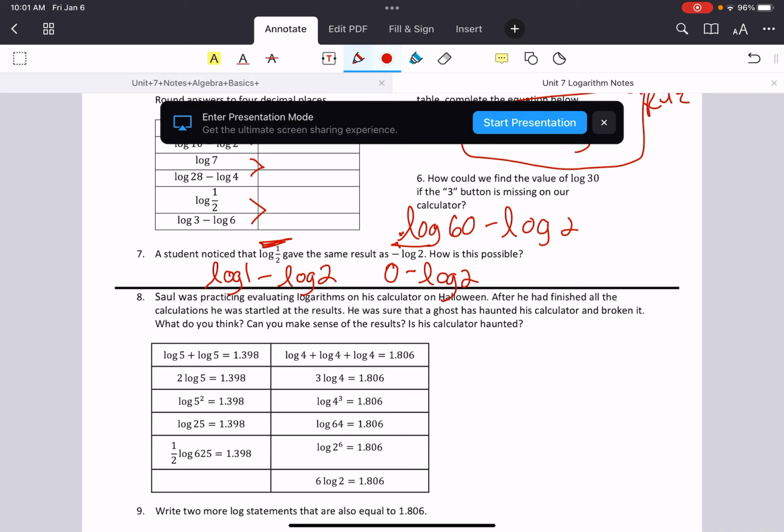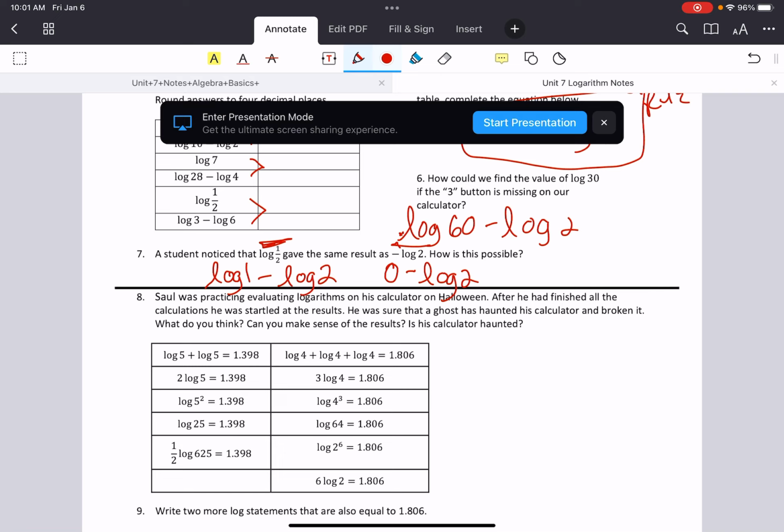Saul was practicing evaluating logarithms on his calculator on Halloween. After he had finished all the calculations, he was startled by the results. He was sure that a ghost had haunted his calculator and broken it. What do you think? Can you make sense of his results, or is his calculator haunted? Dun, dun, dun. Okay, let's find out.